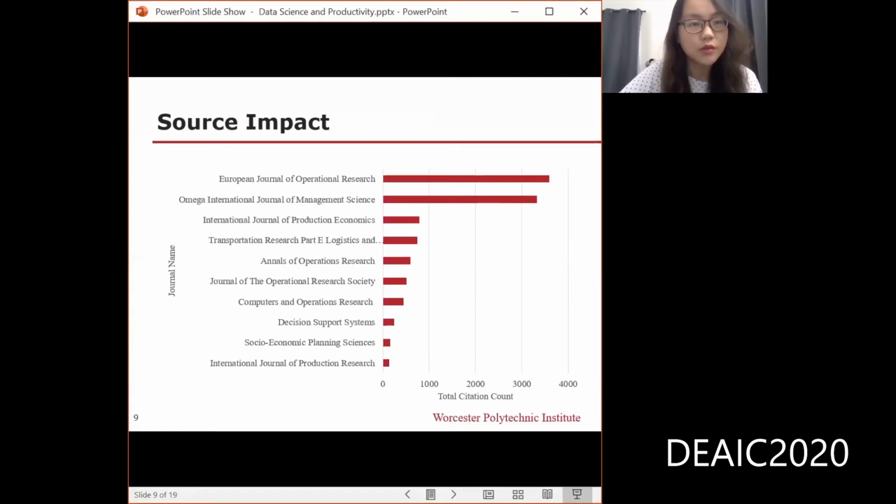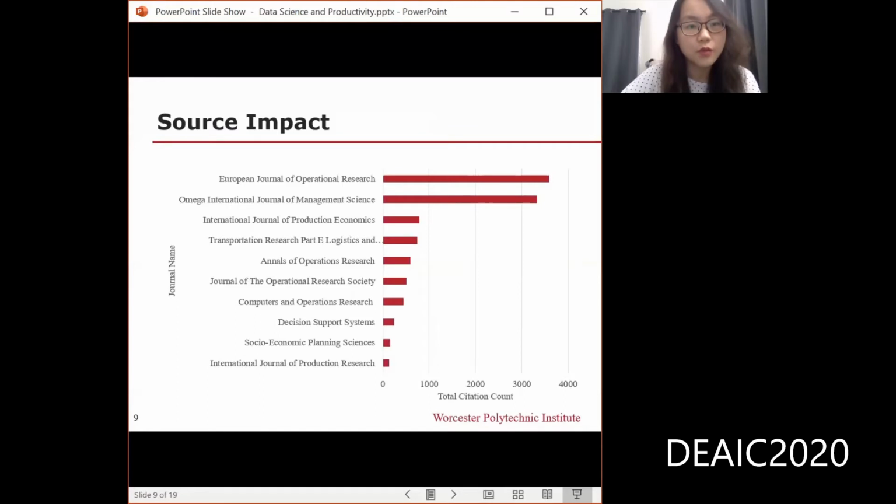This figure shows the source impact. The source impact was calculated using the total citation count of these journals. Right here, we have the 10 most impactful journals.